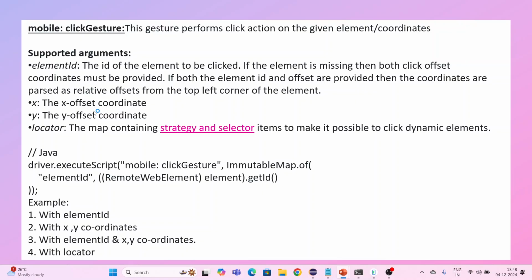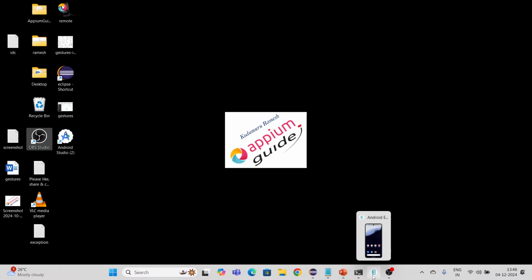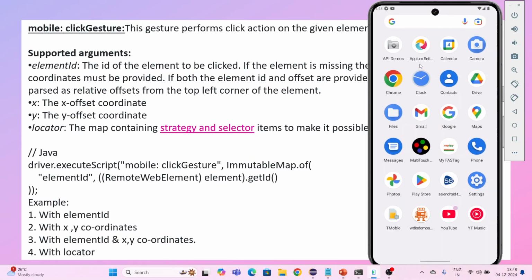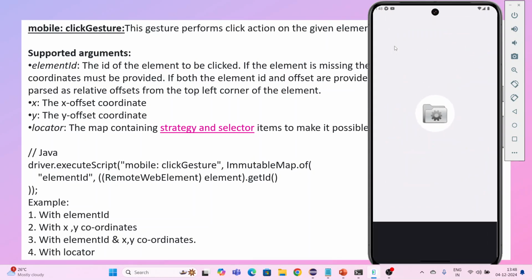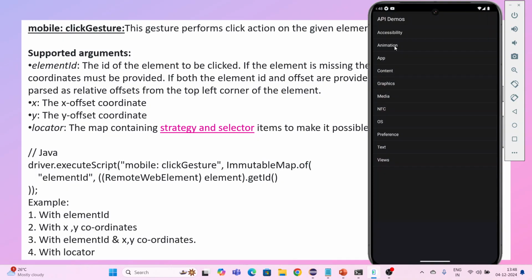Okay, so quickly I open the emulator. The functionality we are going to automate in this video is, I'll open the API demos app and tap on views, using the element id. Then I click on this control by using the x and y coordinates.